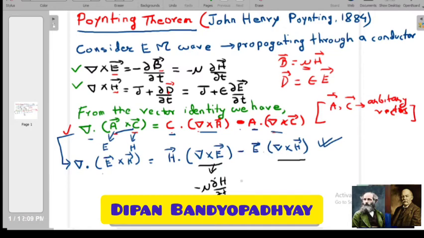And this one, curl of H, is basically your J plus the permittivity of the medium through which it is propagating, times del E del T, or curly D E.